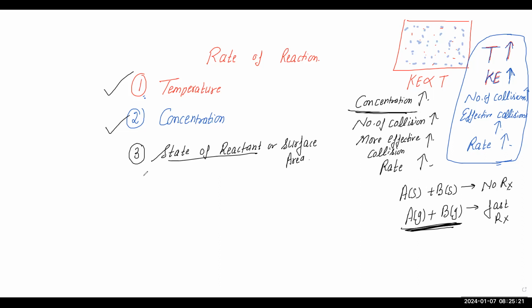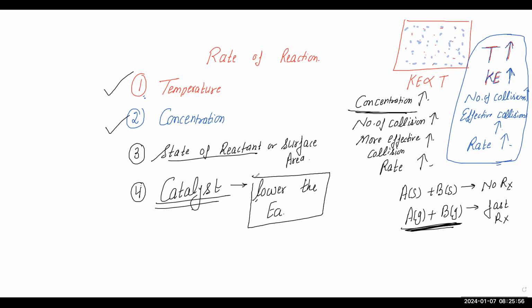The fourth is catalyst. This is the last we are doing. The remaining we can do in the next class. What a catalyst can do, children, I told you in the starting, and the bio students already know. Biocatalysts are enzymes. So what a catalyst can do is lower the activation energy.